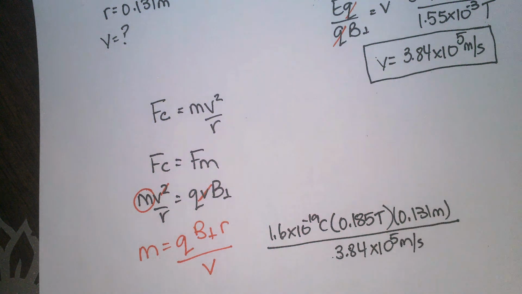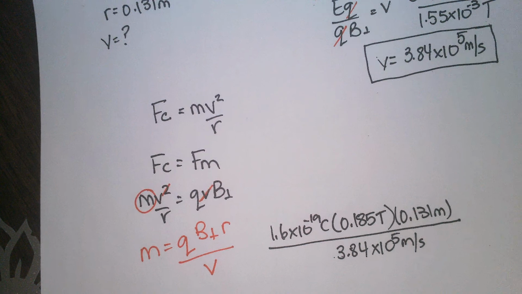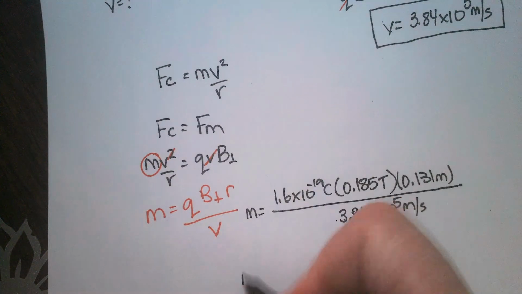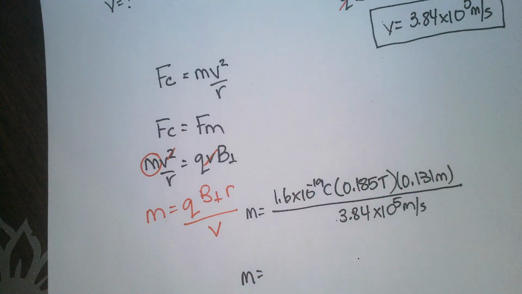I'm going to use the 3.84 times 10 to the 5 that I calculated because that's the speed it was leaving the velocity selection chamber at. What do I get for a value for mass?